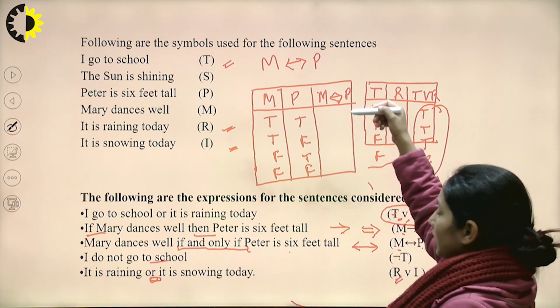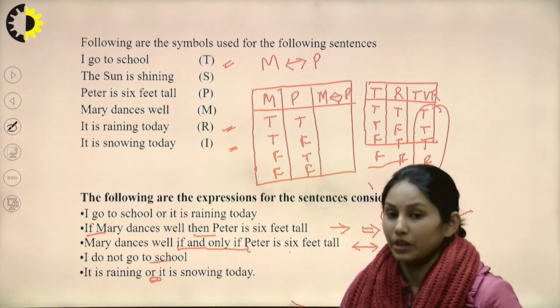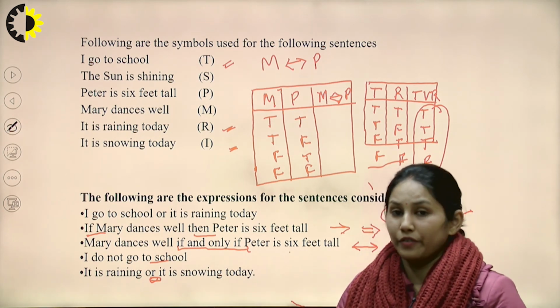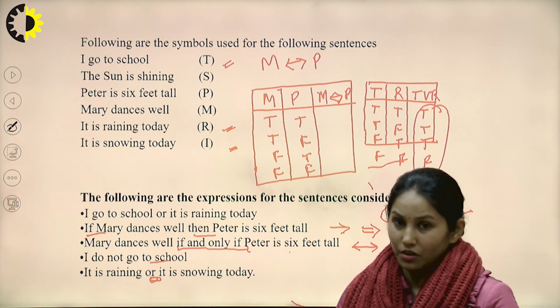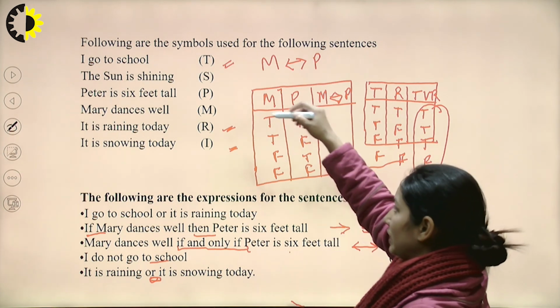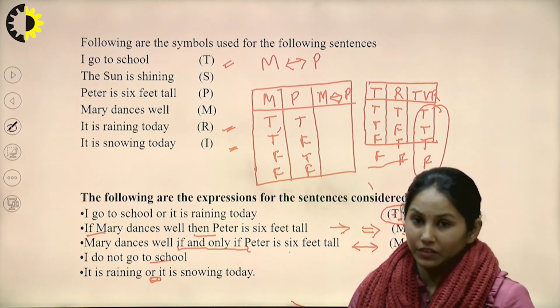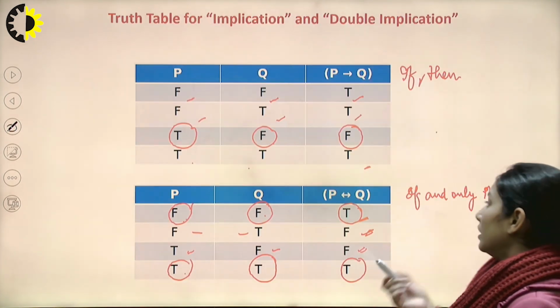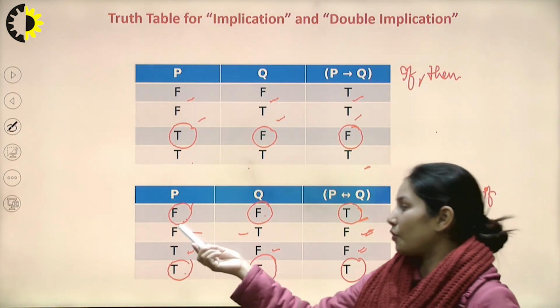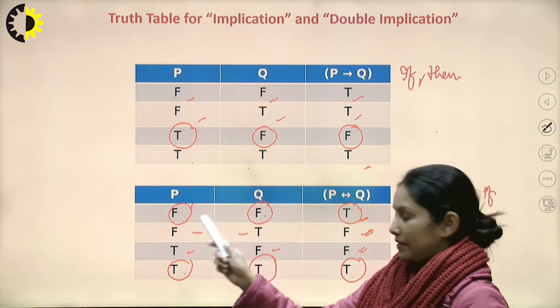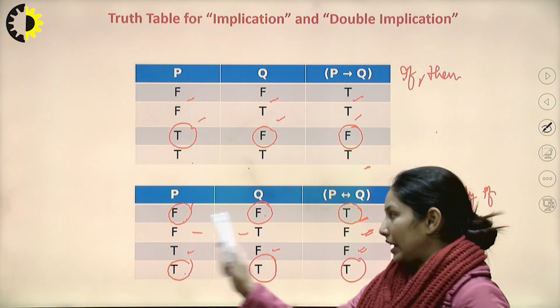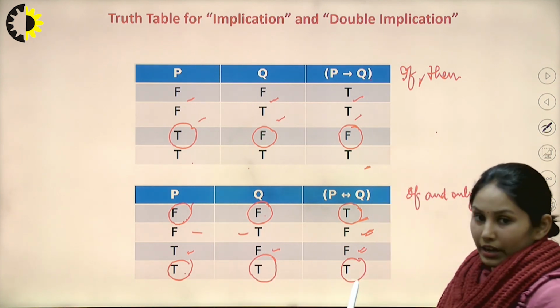Now what would be the output? For the biconditional, we know that only for the same values, that is T and T or F and F, will we have the output as true. Look at this truth table: T appears only when you have the same conditions, like FF or TT.